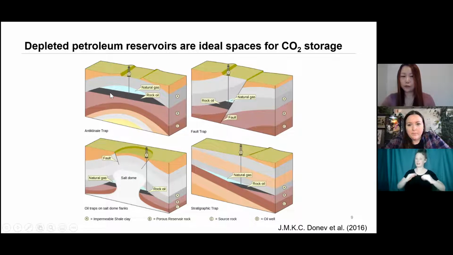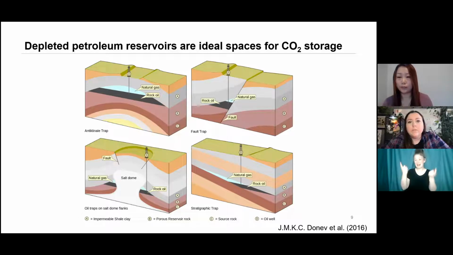You need to have some structure on top of it, like in this case, layer A. Just notice every structure has a layer A. If you don't have this, the oil and gas will just keep moving up and seep through the earth. This happens a lot, and it doesn't cause catastrophic events because it happens so slowly over time. We just wouldn't have an oil reservoir in the first place.